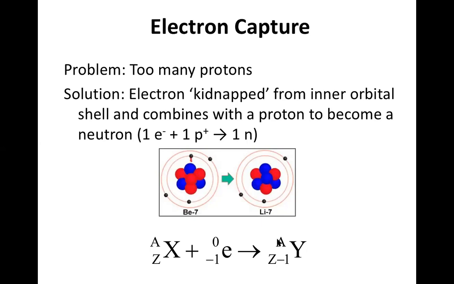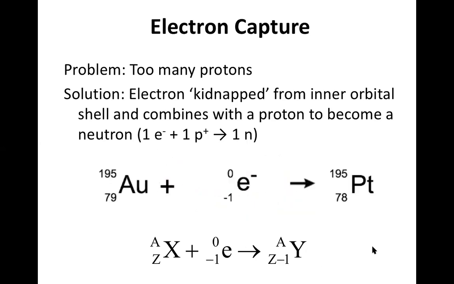The mass number stays the same, and you have to put the electron on the starting side, on the left side of the arrow. Also, I don't know why every year I see students writing an equal sign here, but you would never do that in chemistry. It's always an arrow: starting from this, and the result is this. An example is gold-195 kidnaps an inner electron and becomes platinum-195.